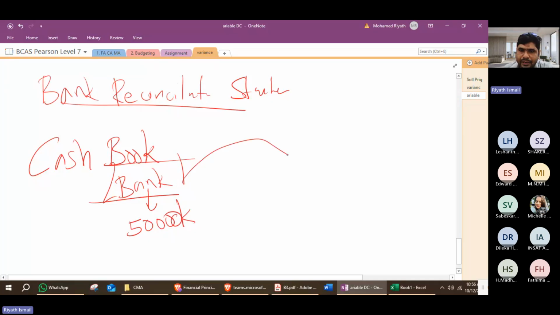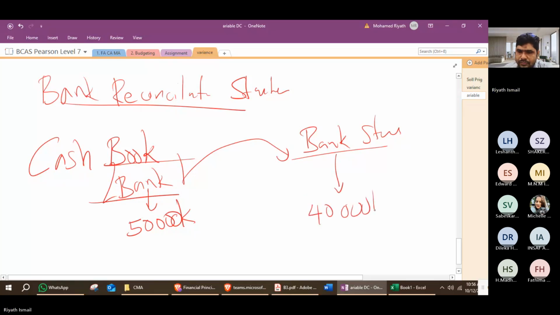And when you get the bank statement, you may get a different value, say 40,000. There's a contradiction: the bank says your balance is 40,000, but your book says 50,000.